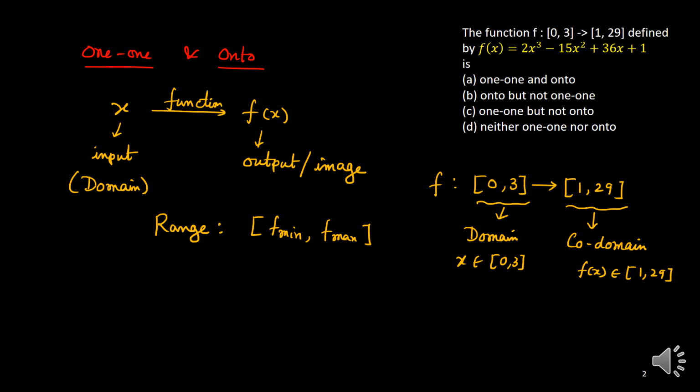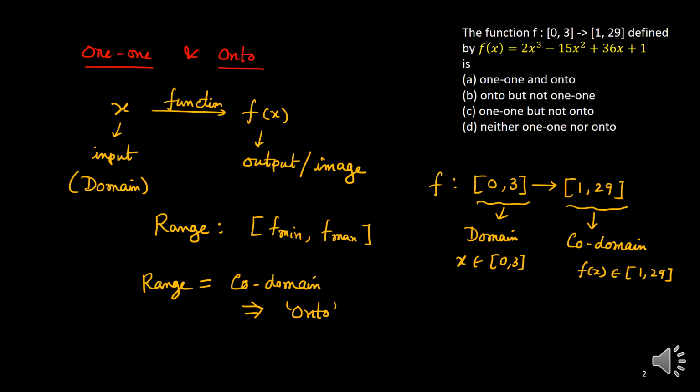And if this range and this codomain are the same, so if this range is exactly the same as the entire codomain as given, then we'll call the function onto. What is the meaning? It means that from this codomain, if I choose any one point, that point we can get from the input domain for a certain input value.